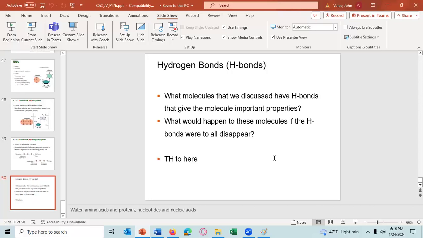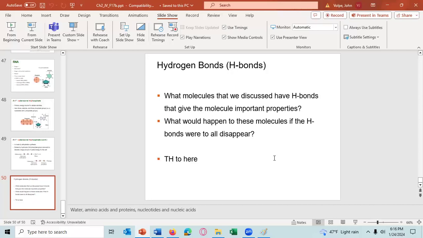What's another molecule that we've discussed that has hydrogen bonds giving the molecule important properties? Anyone? Well, what of the biological molecules have hydrogen bonds?